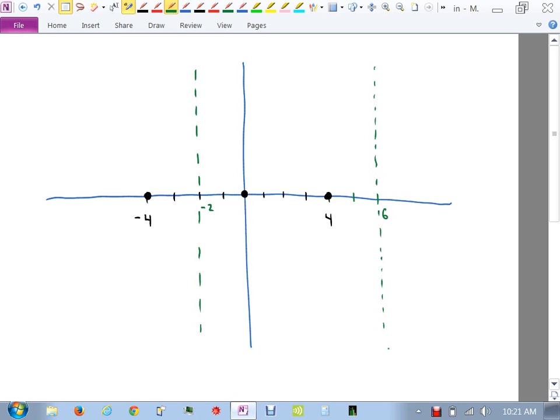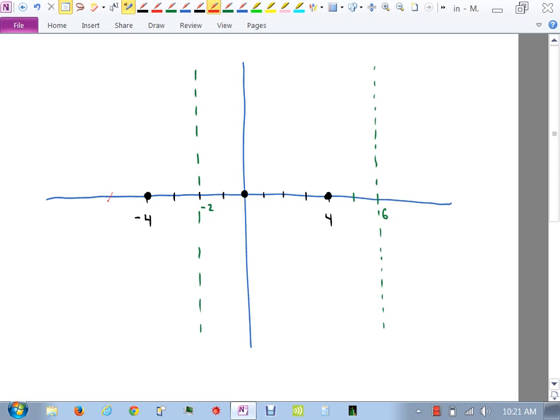So now we need test points, right? The test points that I'm going to choose have to be on each side and in between all the x-intercepts and vertical asymptotes. You should always have one more than the total number of x-intercepts and vertical asymptotes together. So how many x-intercepts do we have? 3. And then verticals, we have 2. So we should have a total of 6 test points.